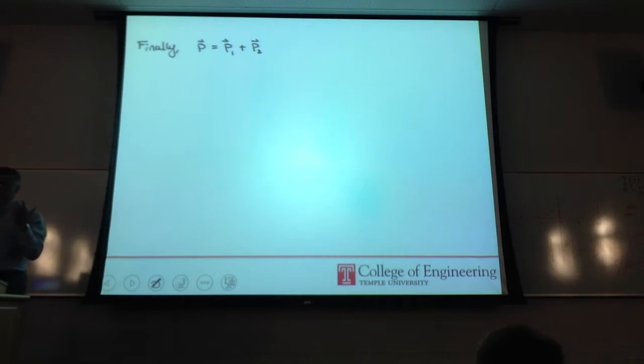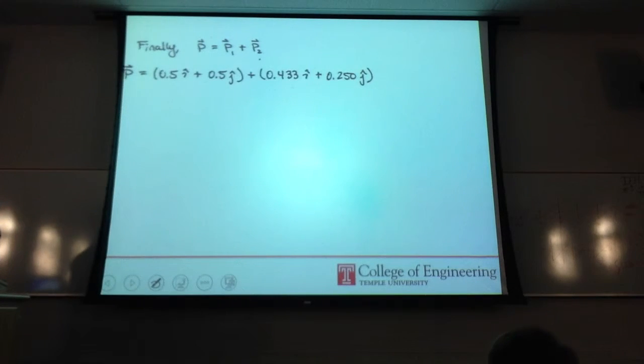So now we have the vector representation of both points P1 and P2, and all we have to do is just replace it in that formula. How do we do this? Can somebody give me the answer?